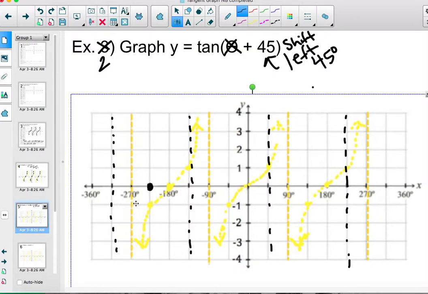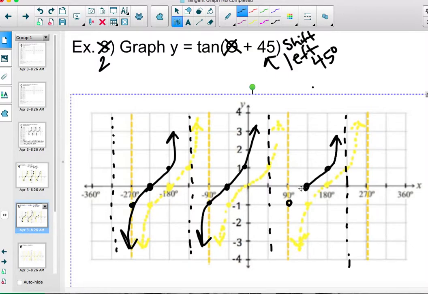So now I'm here, here, and here, up, down, and you know, sometimes with my slate, my graphs aren't always perfect. And this is looking very busy with the old asymptotes and the new ones, but everything in black would be the transformation graph.